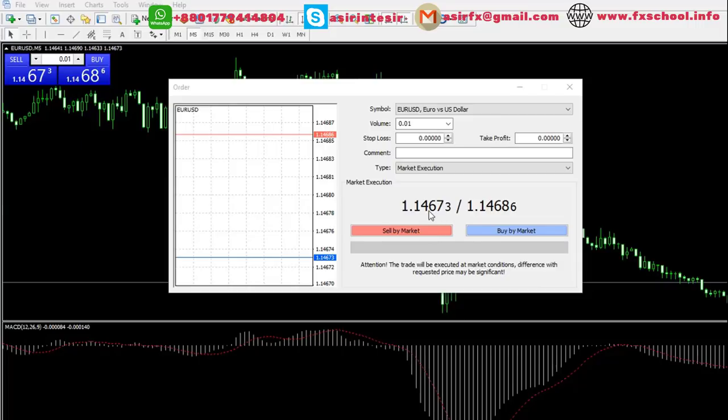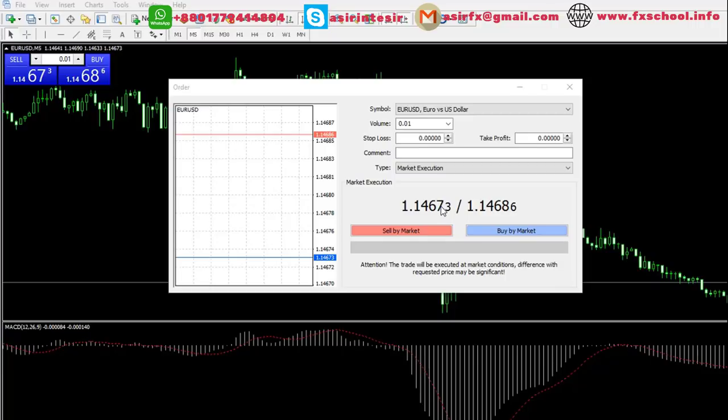Okay, so pip means after the dot you have to count the 4 decimals. There you can see 1467 is the 4 decimal number, so the last one you have to forget. So the 7 is the pip, and you have to calculate it this way.